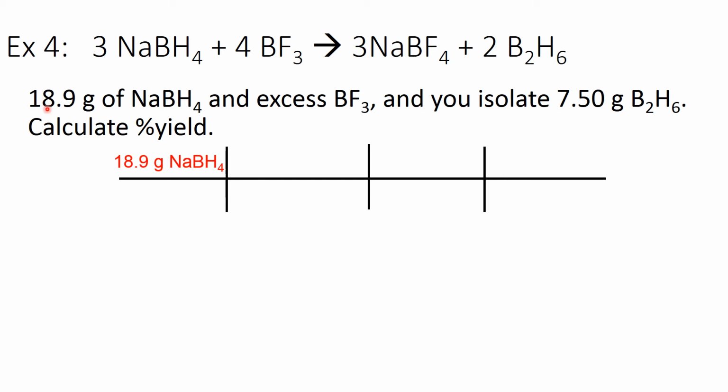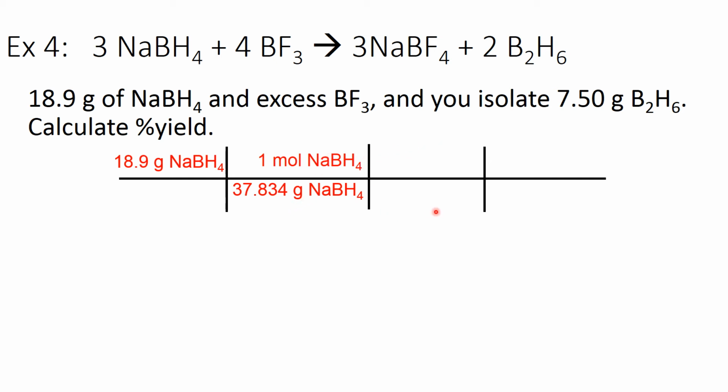So the theoretical yield we're going to calculate from our known amount of one of our reactants. We take this and we plug that into our given. Remember, we're going to follow exactly the same procedure. We need to divide by the molar mass of our given in order to convert to moles of given.